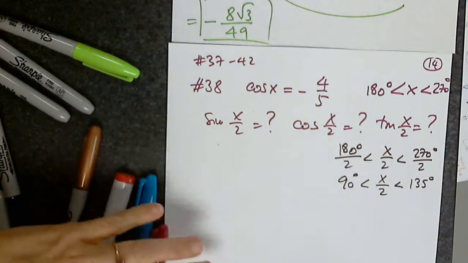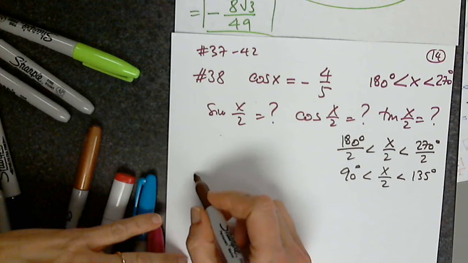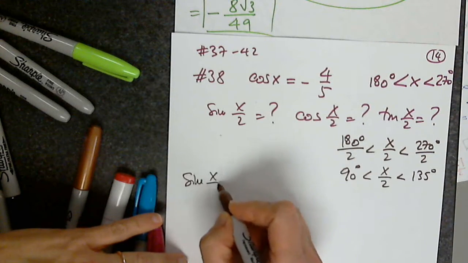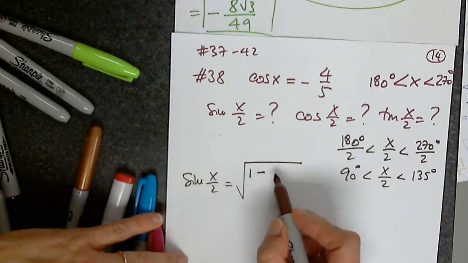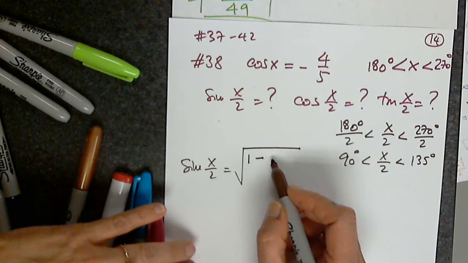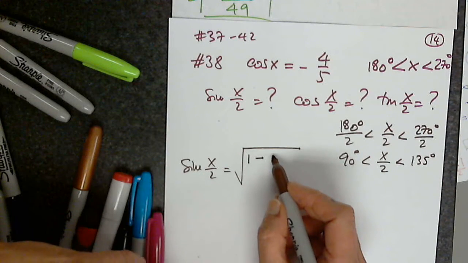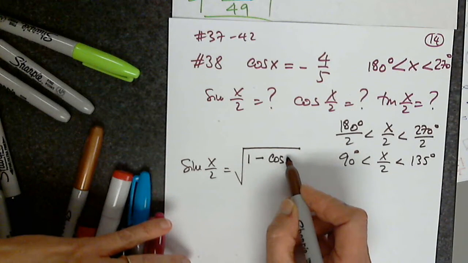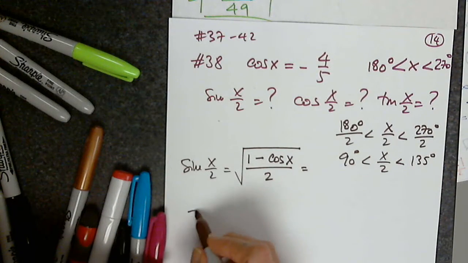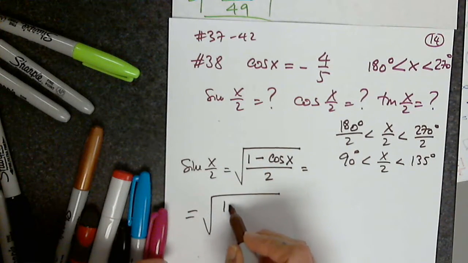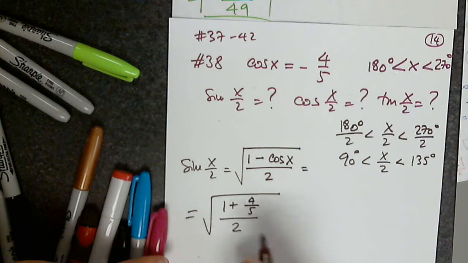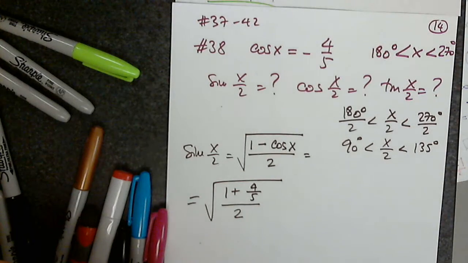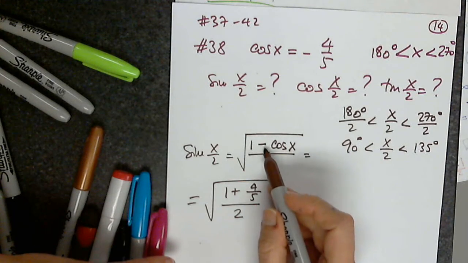So let's find sine x over 2, which I know is positive, which is the square root of 1 minus, the formula says, which one? Yes, but cosine x divided by 2. So then I will write the square root of 1 minus 4 over 5, with minus minus becoming positive, divided by 2. Because cosine is negative 4/5 with minus in front will become positive.